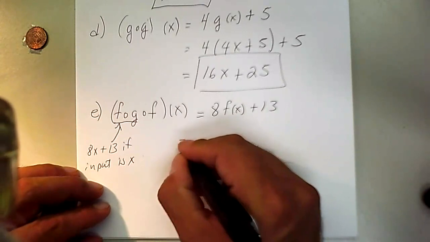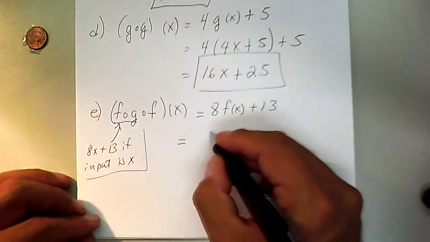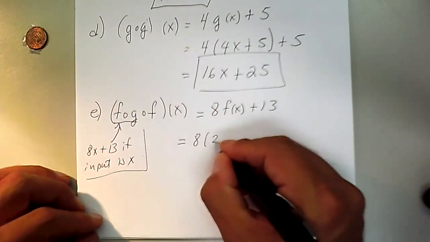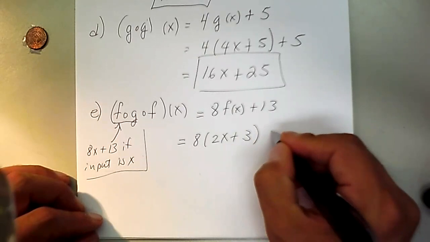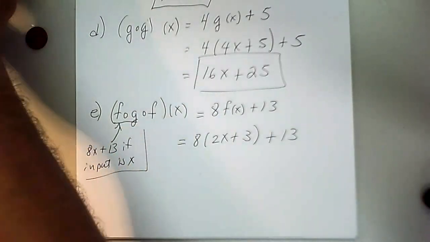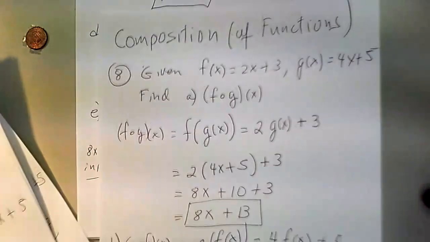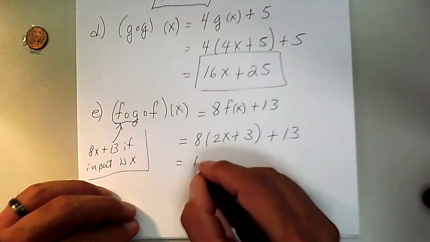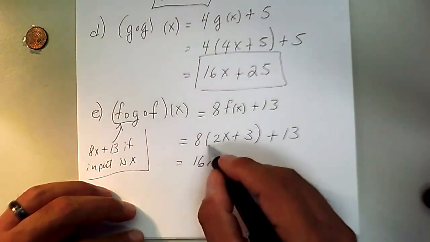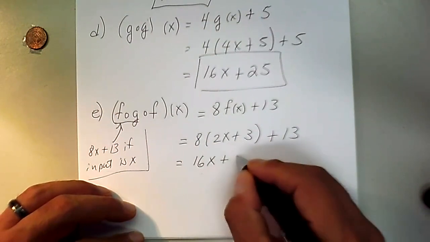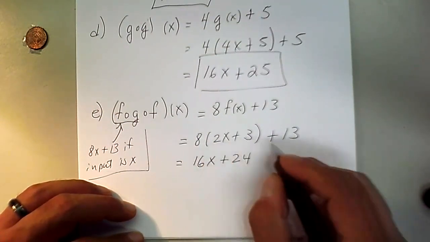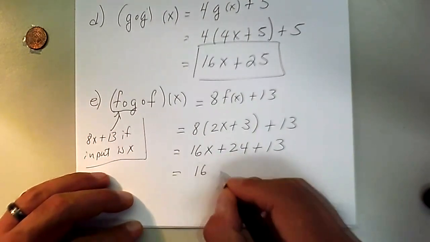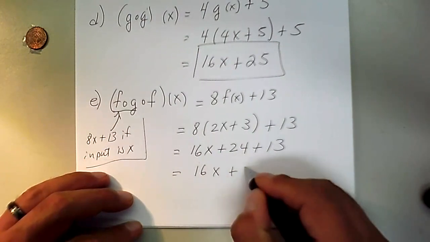F, I remember, is, so this is a side note, F is 2x plus 3. Let me triple check. I'm pretty sure it is. In this example, yep, 2x plus 3. So that is 16x. Since I'm going to actually spell out, 8 times 3 is 24, and then we're going to add 13. So we finally end up with 16x plus 37.